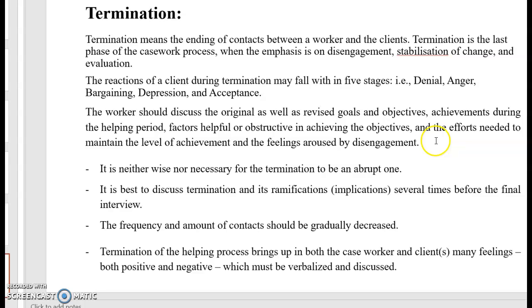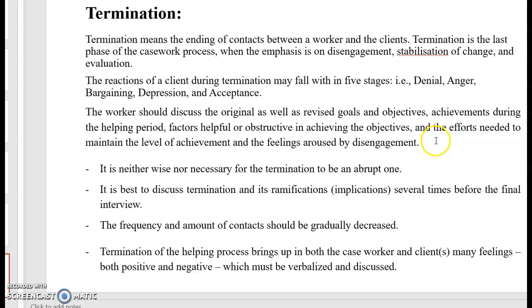So here the client may react. The client may deny: no, no, no, we are not supposed to finish this process, because I'm a bit scared about my situation, if anything goes wrong again.